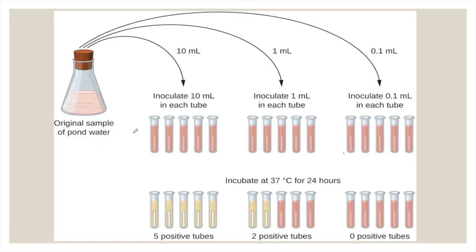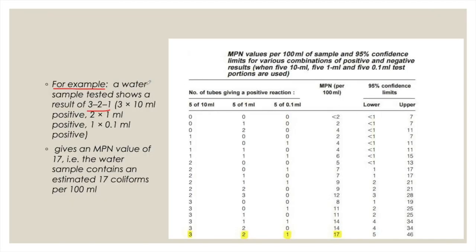Similarly, if we observe the 3 2 1 combination, then with respect to that we will look into the standard table, and in the standard table for 3 2 1 we have an MPN value of 17. What is 17 here? 17 means 17 coliform per 100 ml of the sample. This will be the result.